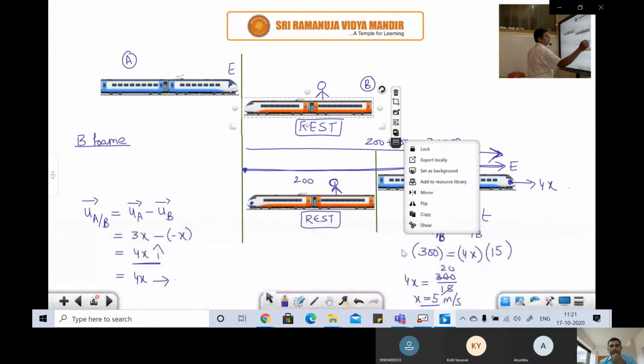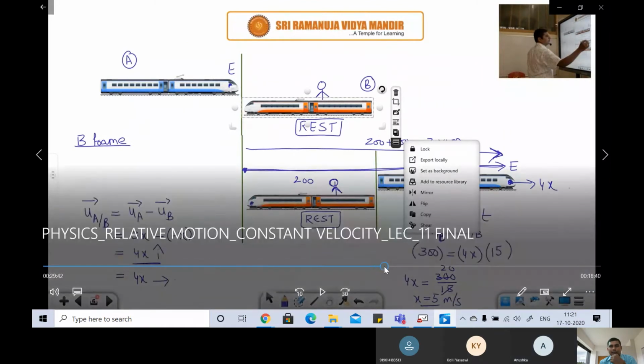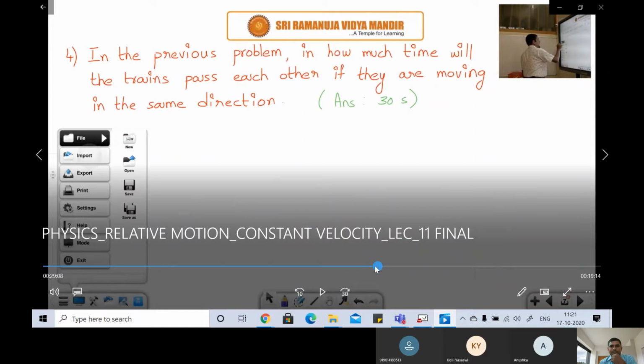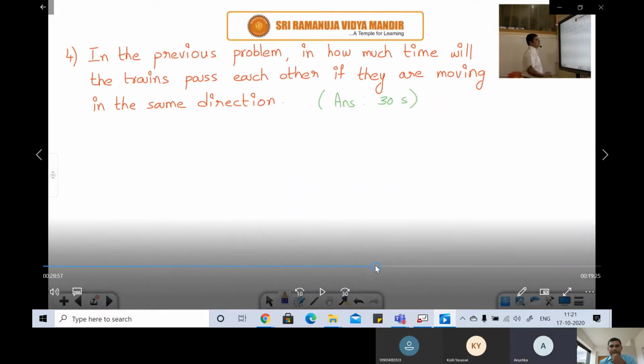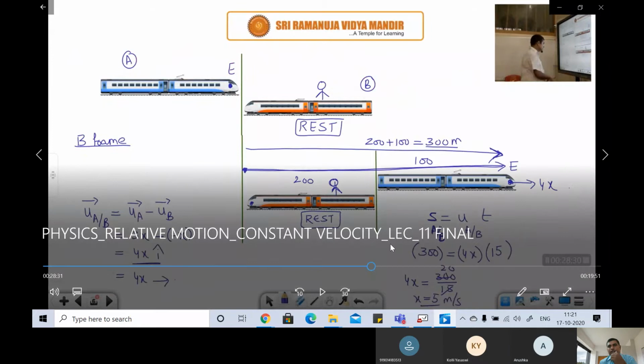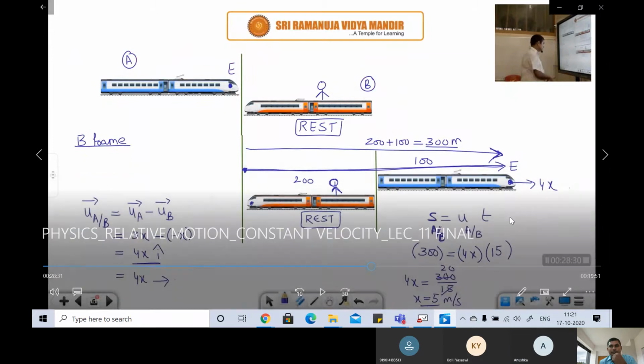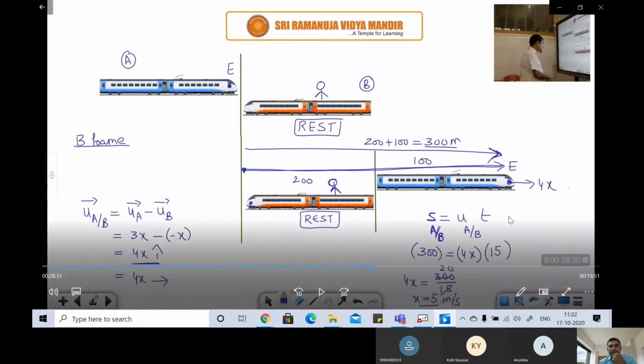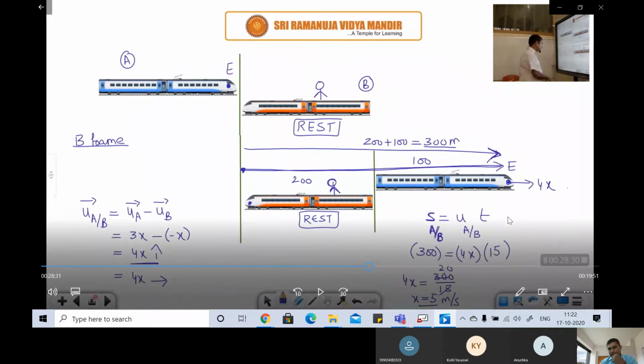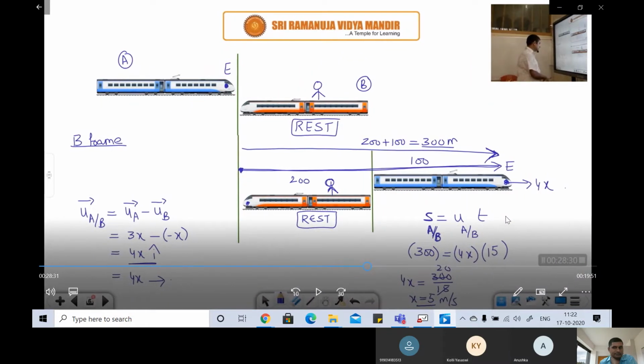300 is equal to 4x into what time? They already gave. What is the time? 15 seconds. So 300 equal to 4x into 15. If you calculate for x, x is equal to 5 meters per second.